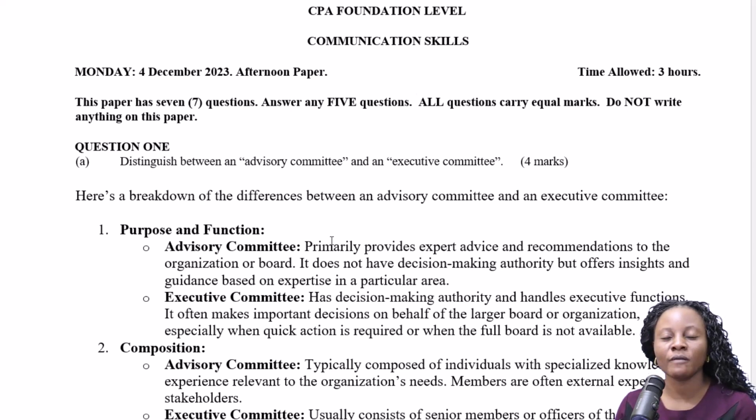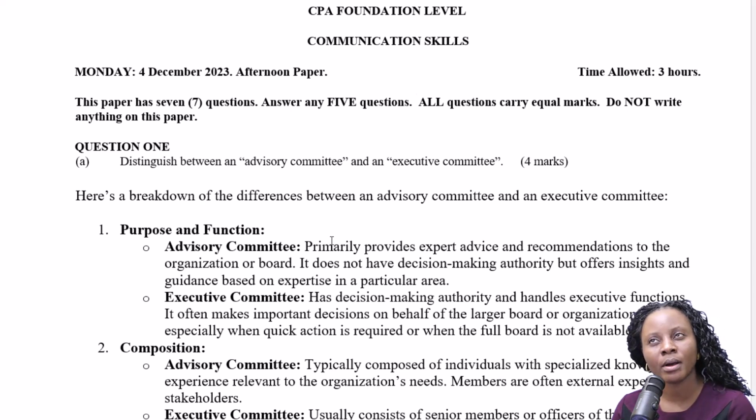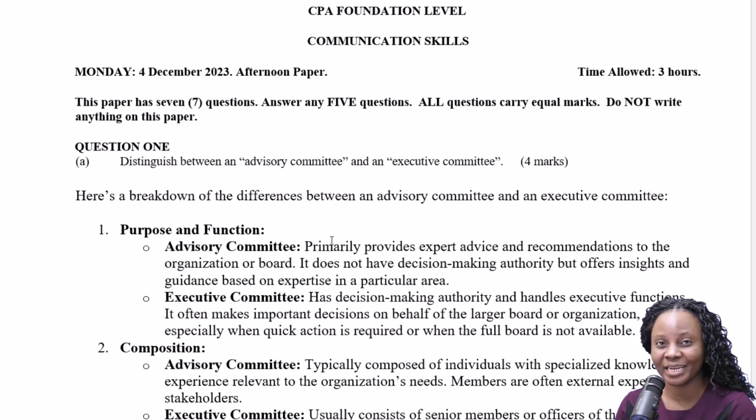The executive committee is made up of top-level managers, and that is why they're called executive: they are the people who decide, who have the authority to come up with rules and decisions, and so on.